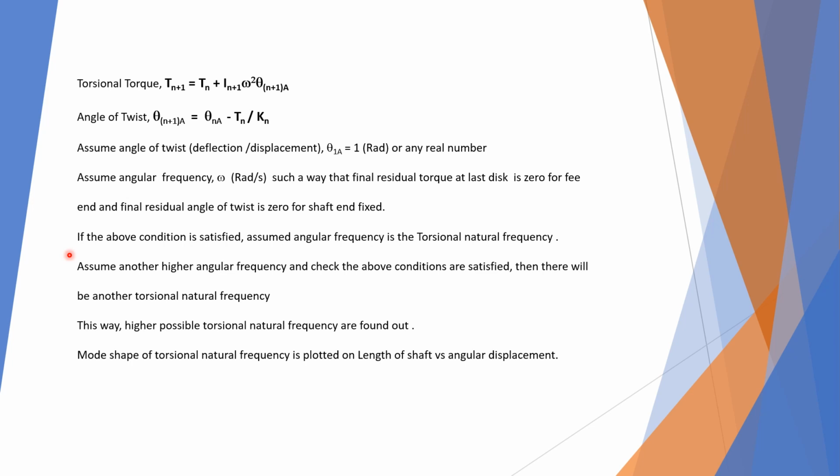Assume another higher angular frequency and check whether the above condition is satisfied, then there will be another torsion natural frequency, and this way higher possible torsion natural frequencies are calculated, and the mode shape of the torsion natural frequency is plotted on length of shaft versus angular displacement.